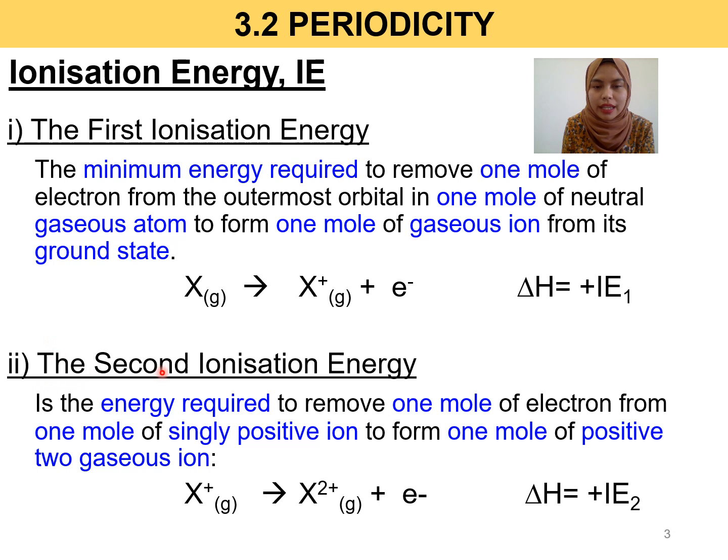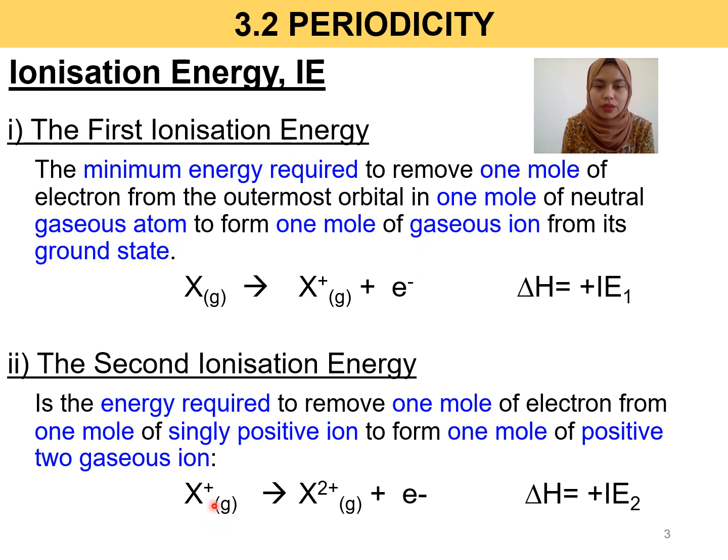Next is the second ionization energy. For the second ionization energy, if let's say I have X plus, I take it from above, it's a continuation. Okay, so if let's say X plus, I bring it down. Okay, so this is what? This is gaseous ion. Okay, why gaseous ion? Because this ion is in the gas phase.